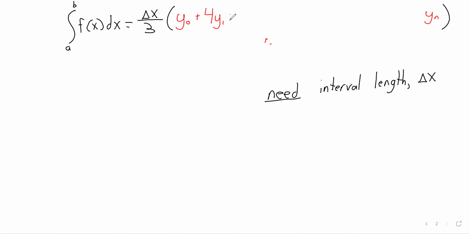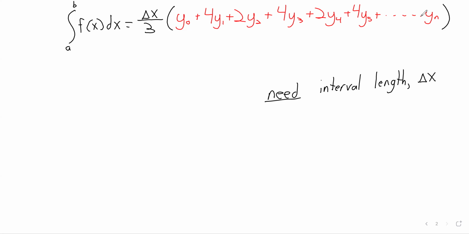Simpson's rule has this pattern where the terms are alternately multiplied by 2 and 4. This is not a real problem, and I'll come back to why not in a moment.